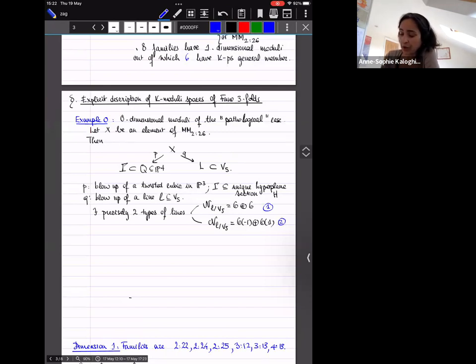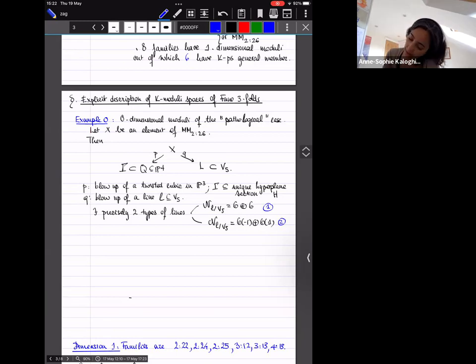In particular, we know that there exist 2 types of lines on this threefold. There are the lines that have balanced normal bundle, with normal bundle isomorphic to O plus O. And there are the unbalanced lines, which have normal bundle isomorphic to O(-1) plus O(1).